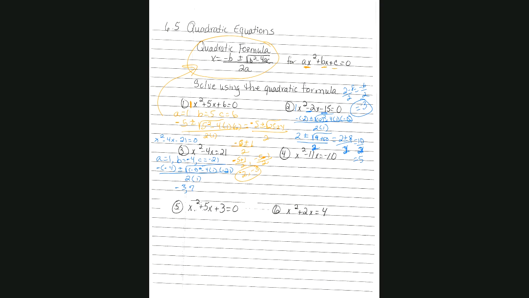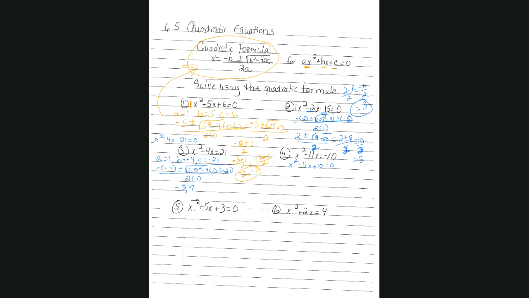On number 4, you will proceed to set it equal to 0 first. So x squared minus 11x plus 10 equals 0. So when you set it up, you will have your A, which is 1, B, which is negative 11, and C, which is 10.